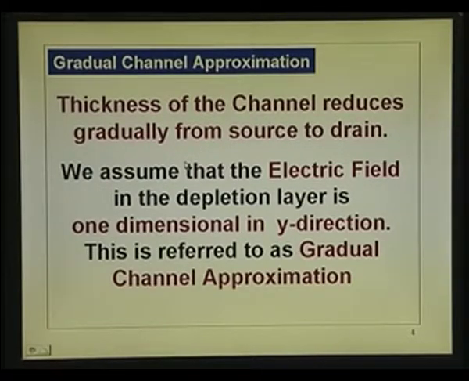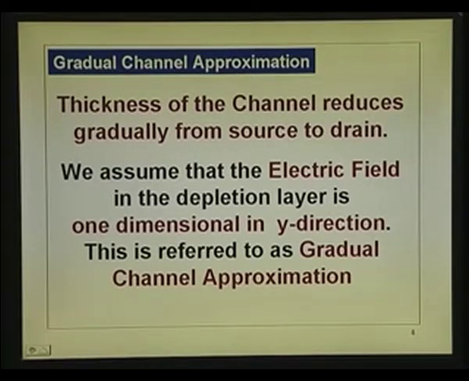Now, we also mentioned in the previous discussion that we assume that the electric field in the depletion layer is in the vertical direction, y direction, perpendicular to the channel, and along the channel direction the electric field is there because VD is there. There is a drop along the channel, there is a field, but that field we are neglecting compared to the vertical field, so that we can apply the one dimensional equation for finding out the depletion layer width.